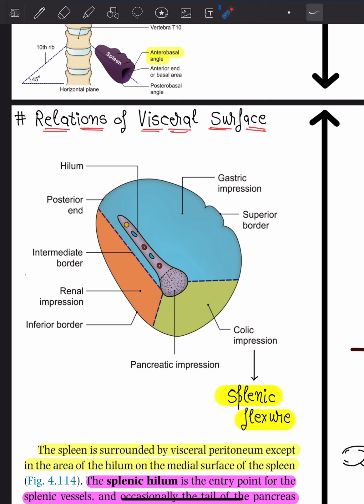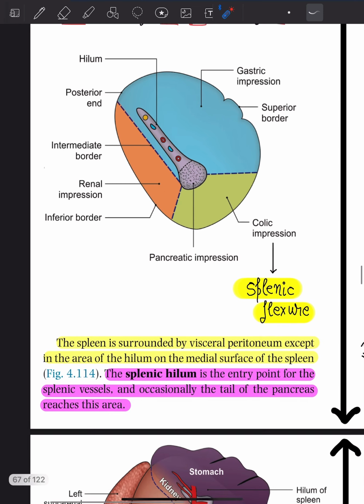Again, as you can see, this is the inferior border, the superior border with these notches, and this is the border I was talking about, which was not shown in the earlier diagram. This is the intermediate border. This is the posterior end right here, and this is the hilum of the spleen with various splenic vessels, and the pancreatic impression will hold the tail of the pancreas, right?